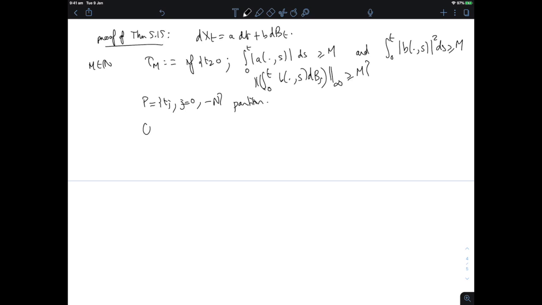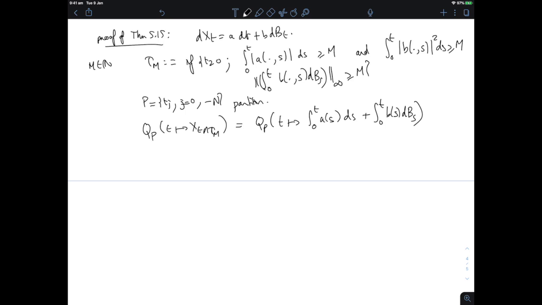So if I look at the p quadratic variation of my process stopped at the stopping time, well, it is the p quadratic variation of the sum of two processes, one being this integral of as ds, and the other one being the integral from 0 to t of bs dBs.